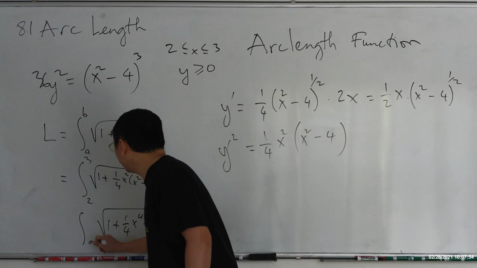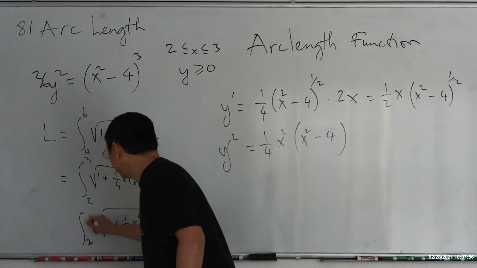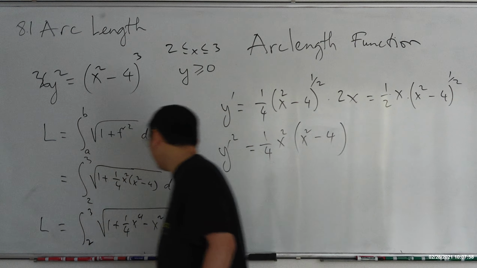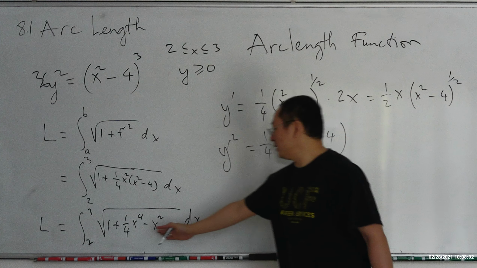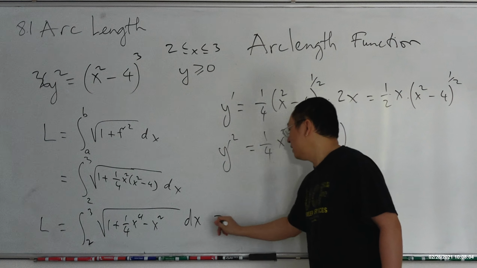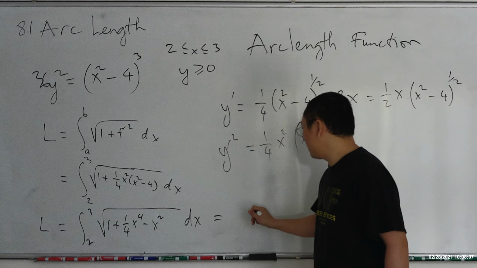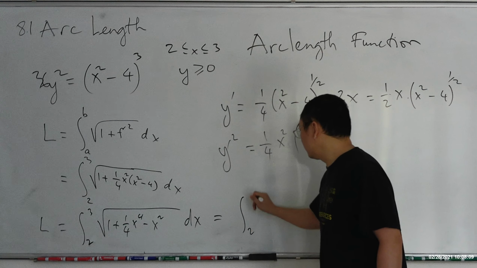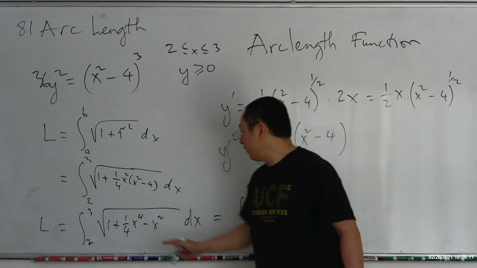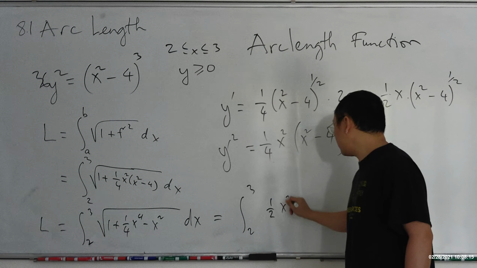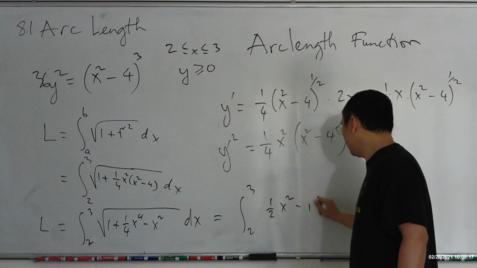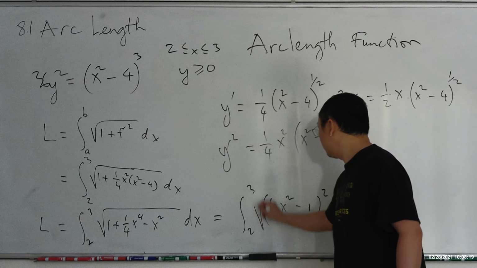Integral from 2 to 3. So how do you take care of this problem? Actually, this is a perfect square, so it requires some algebra. The integral from 2 to 3 of 1/4 x to the 4 minus x squared plus 1 is really 1/2 x squared minus 1, everything squared.